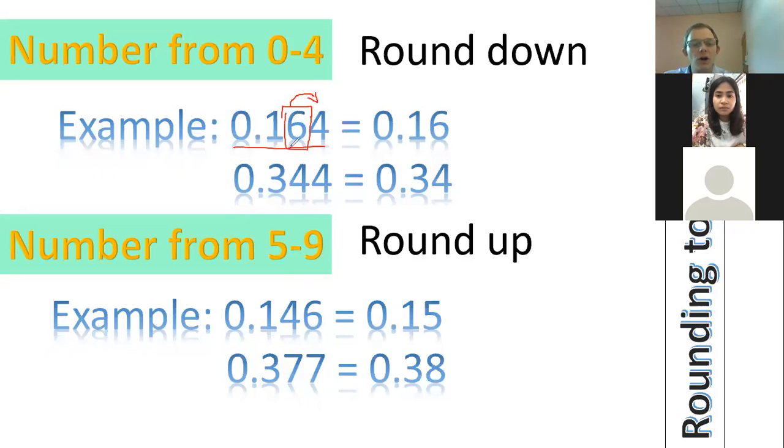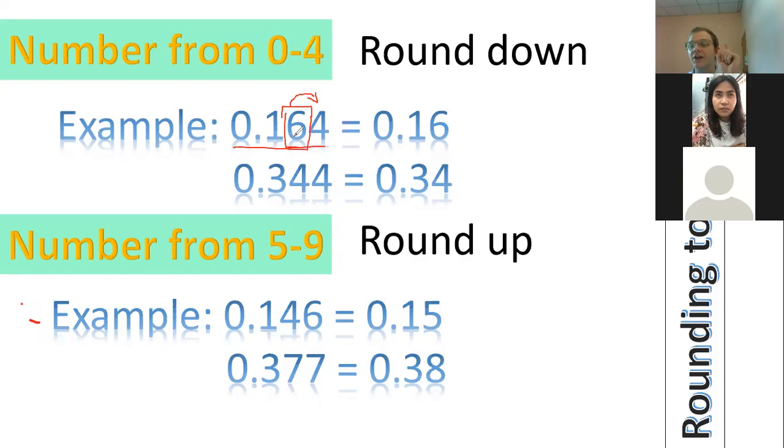So we look at the 6. That is our second position. So that means that number is the one we're going to try and round up or down with. Now the one next to it will tell us, is it going to go up or stay the same?